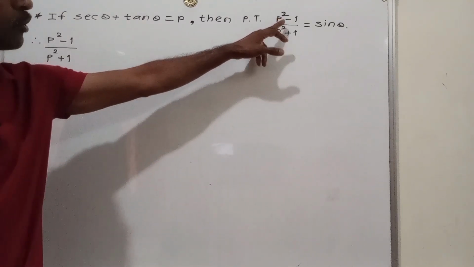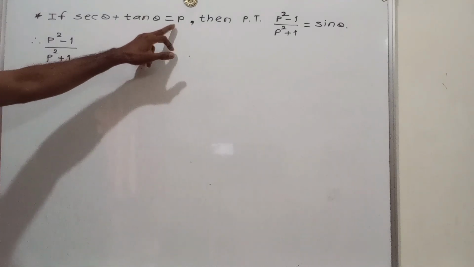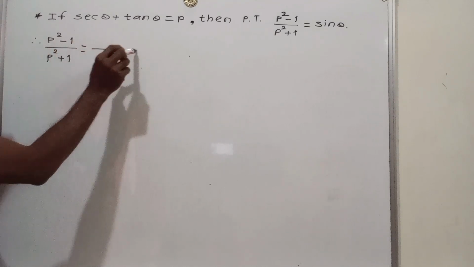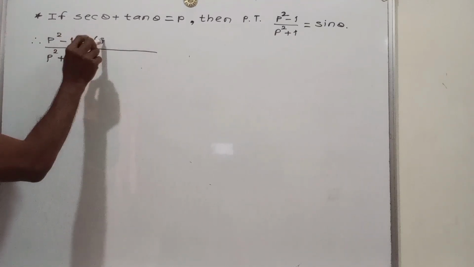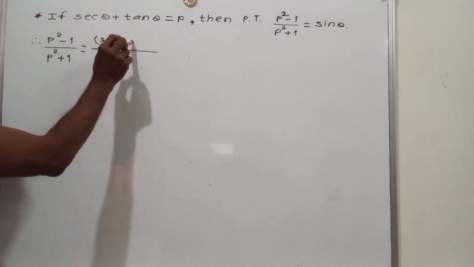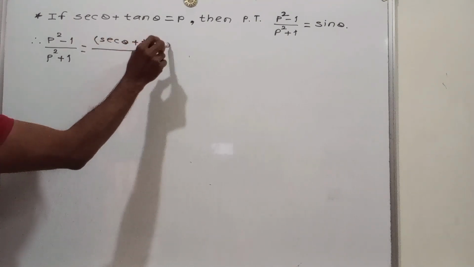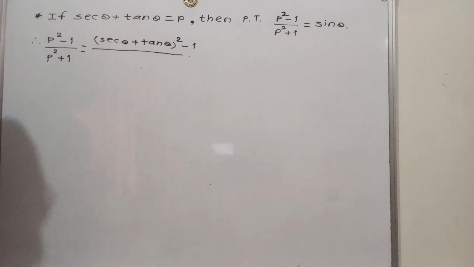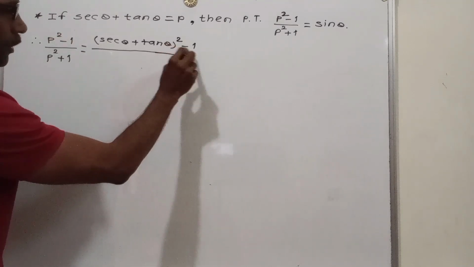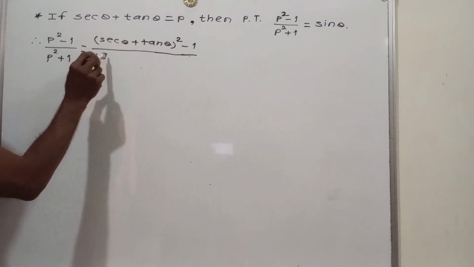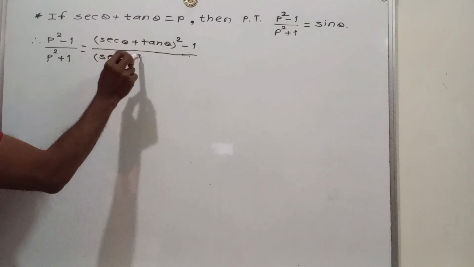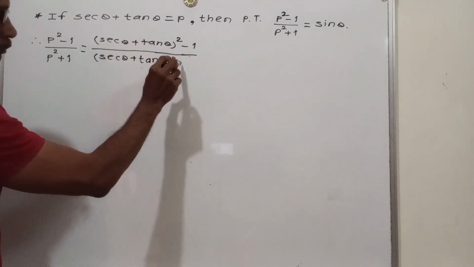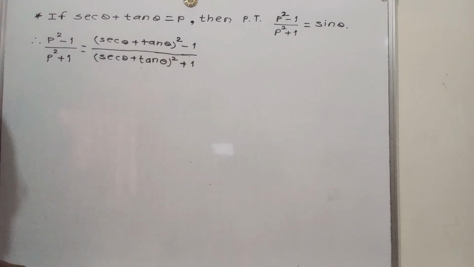Substituting the value of P: (sec theta plus tan theta) bracket square minus 1, upon the same value of P, (sec theta plus tan theta) bracket square plus 1. Did you get it?